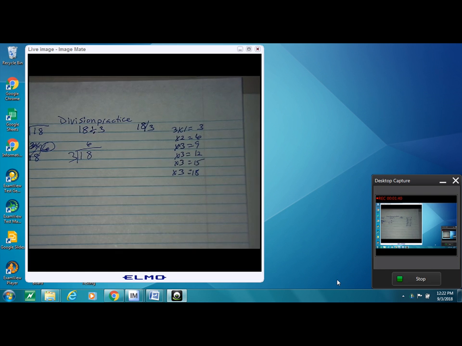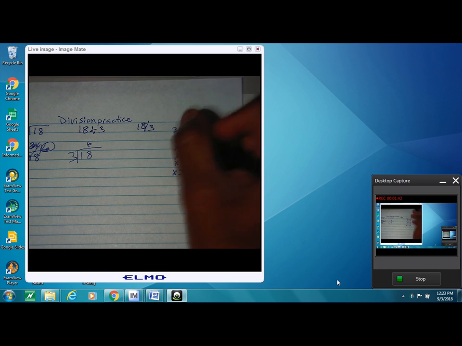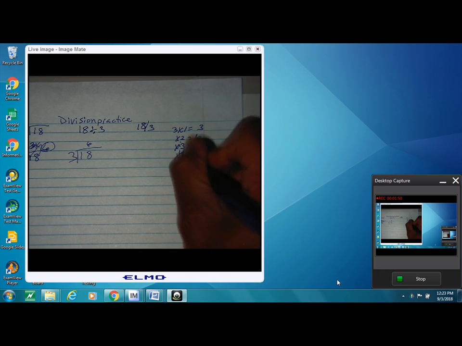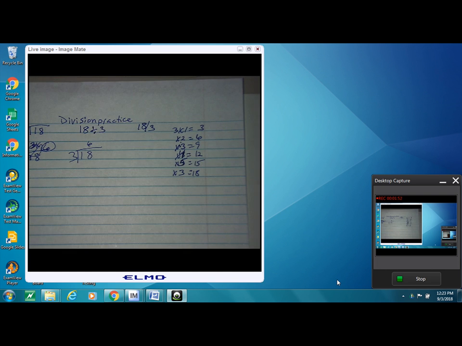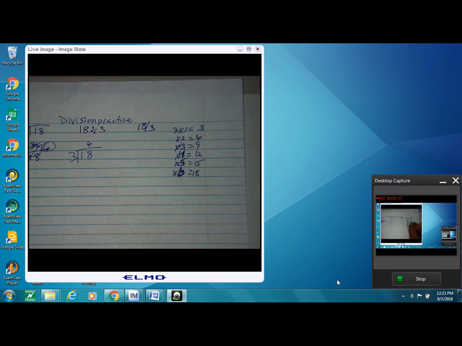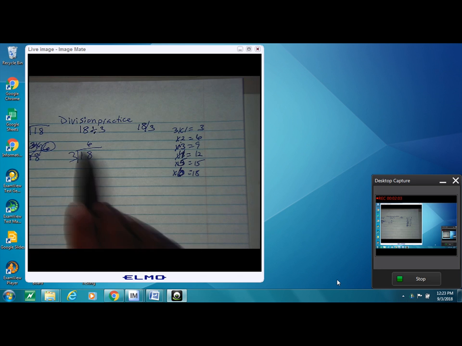How many times did I multiply? I'm sorry, I should have done this: 3 times 1, 3 times 2, 3 times 3, 3 times 4, 3 times 5, and this one right here is 3 times 6. So how many times did I multiply by 3? The answer is 6. And guess what? 18 divided by 3 is 6.